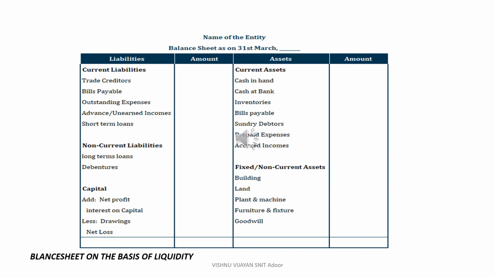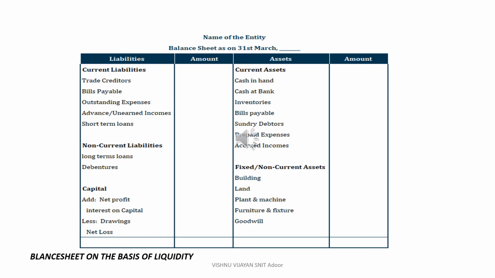So name of the entity will come on top and on the bottom, balance sheet as on 31st March 2018 or 2019, whatever it is. It should be clearly mentioned on the top of balance sheet. So the name and the date of balance sheet is very important while you draw a balance sheet of a company.